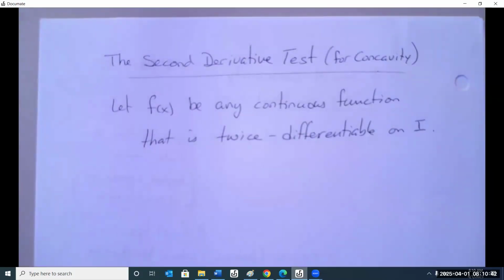Give me an example of a function that only has one derivative. Nope. If the variable has an exponent, it's automatically differentiable once and twice.